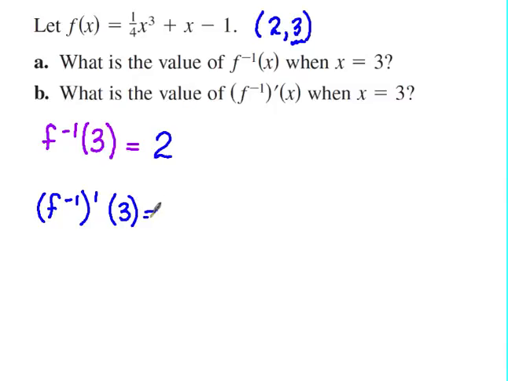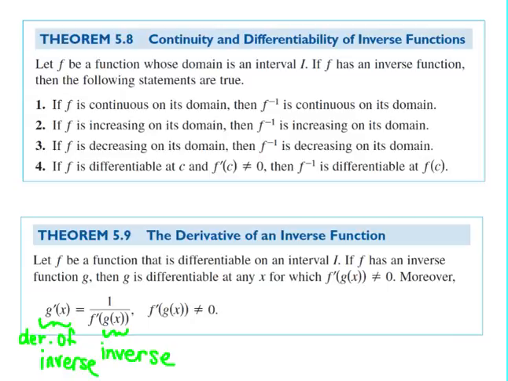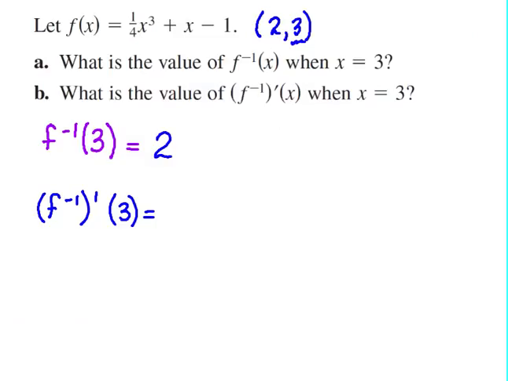The previous slide, at that very last statement, says here's the derivative of the inverse. That's going to equal 1 divided by f prime at that value. So I'm going to take 1 divided by f prime at 3.